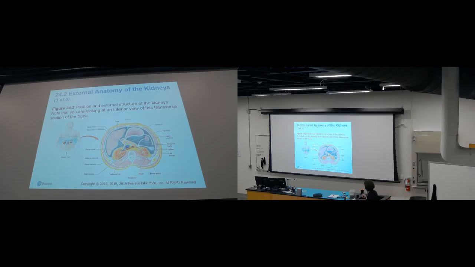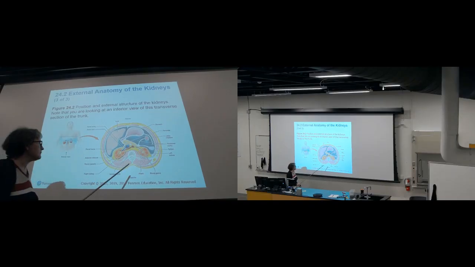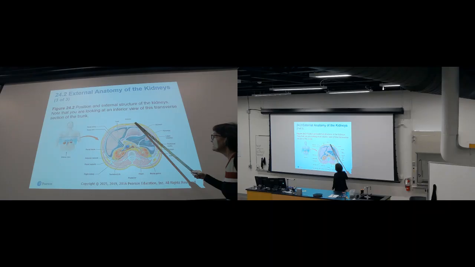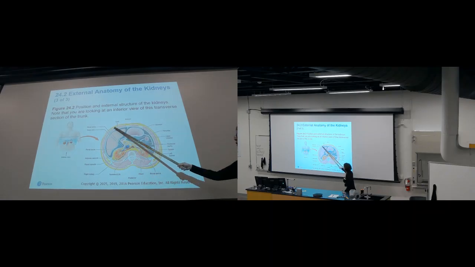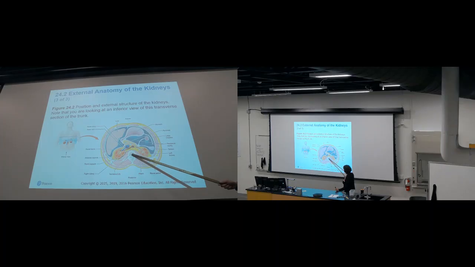This is the transverse cut showing you the kidneys in situ, or in their place. So you're looking at the inferior view at the level where the kidneys are located. This is the abdominal cavity, and this is the lumbar vertebrae.